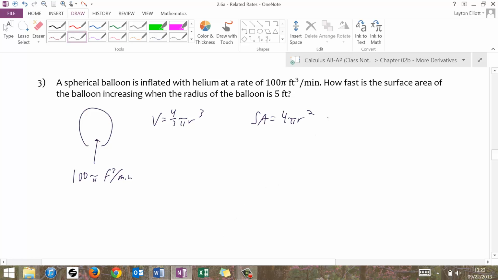It wants to know when the radius is 5 feet, and it says 100 pi feet cubed per minute, so that's dV/dt equals 100 pi. That's pretty much everything we know.